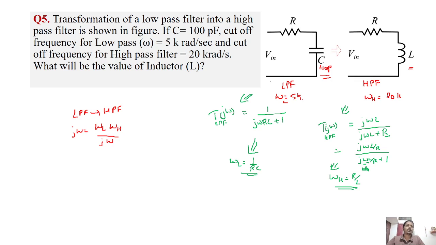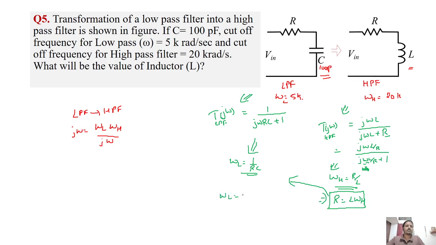Here they have given only the value of C, right? So I can substitute the value of R from this equation. R is given as R equal to L into omega H.